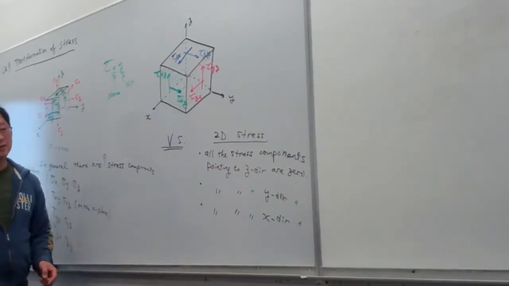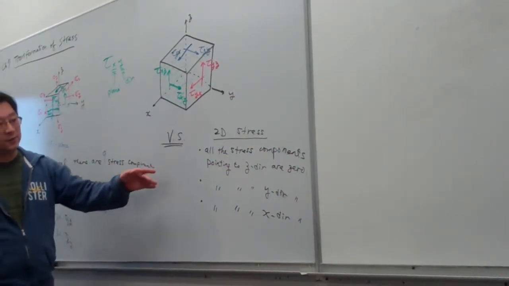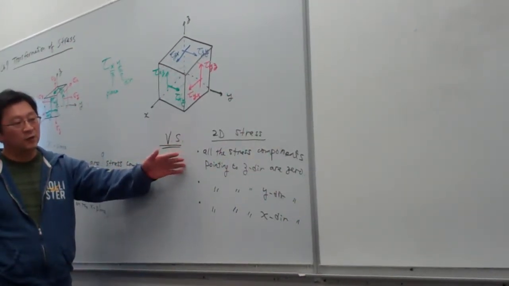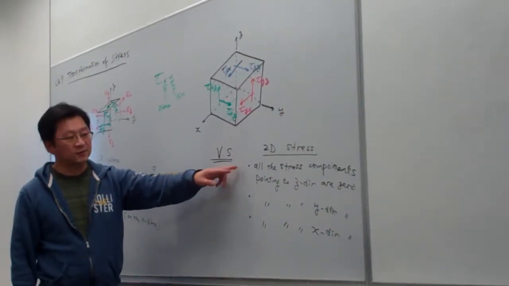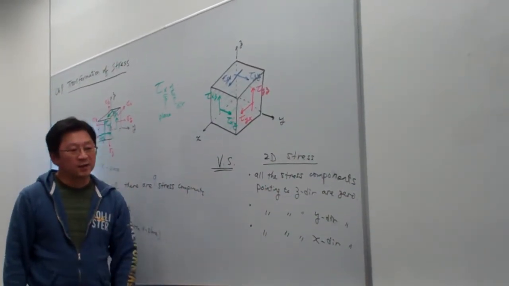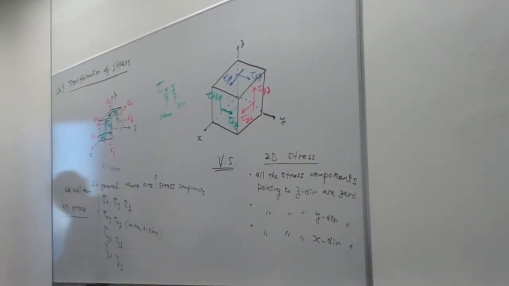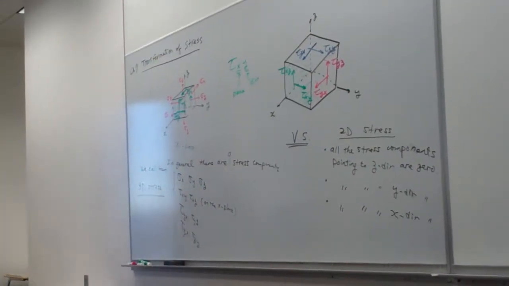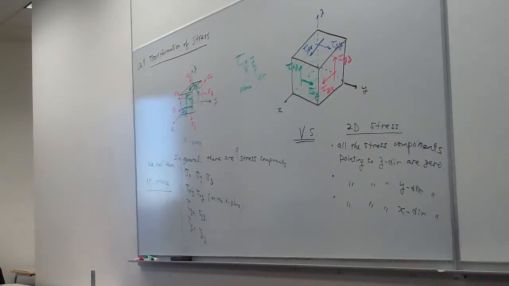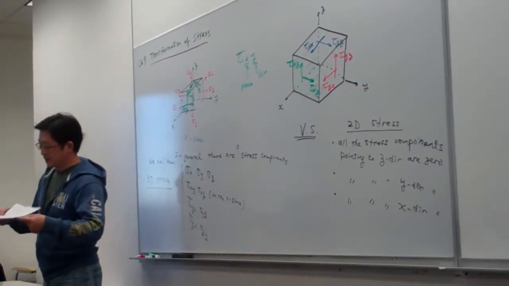Okay, and the loading scenario will be based upon the loading. We can apply the loading to achieve any of those three scenarios. And I can give you one example. For example, think of a very thin object.